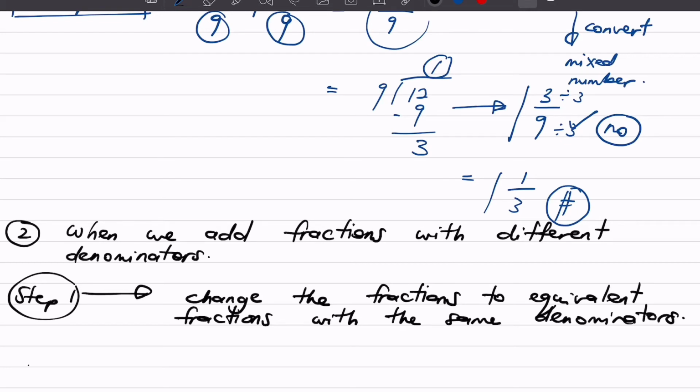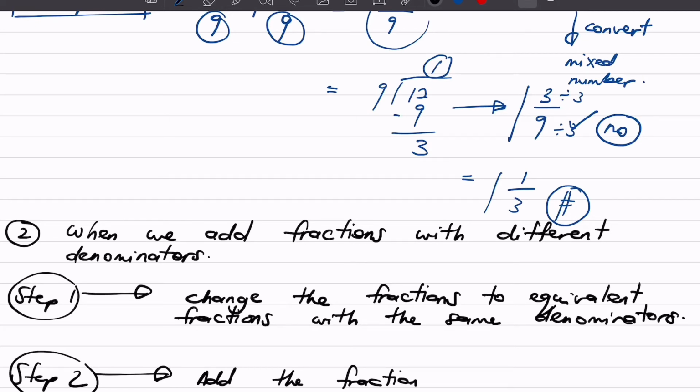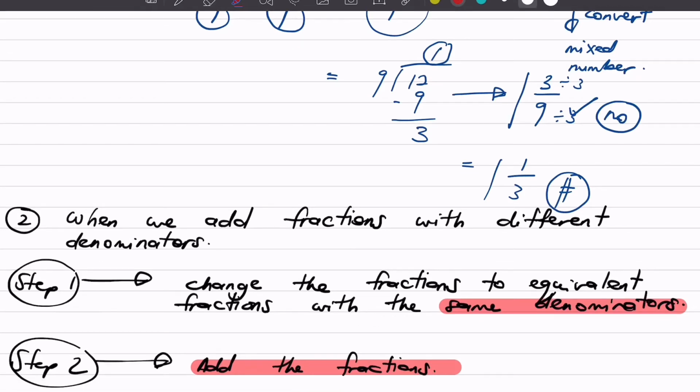Step 2, you just need to add the fractions. That's all. The first step, you change the fractions to equivalent fractions with the same denominator. Then you add the fractions. That's all. So I'll show you an example.